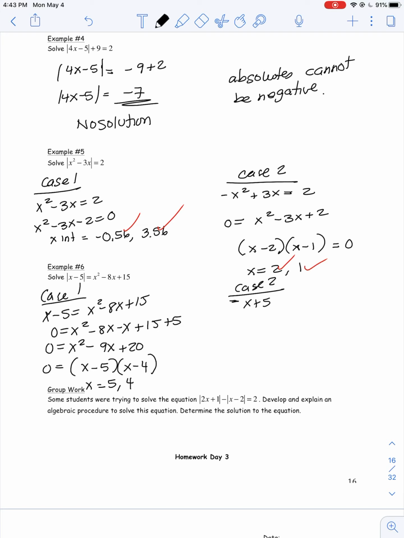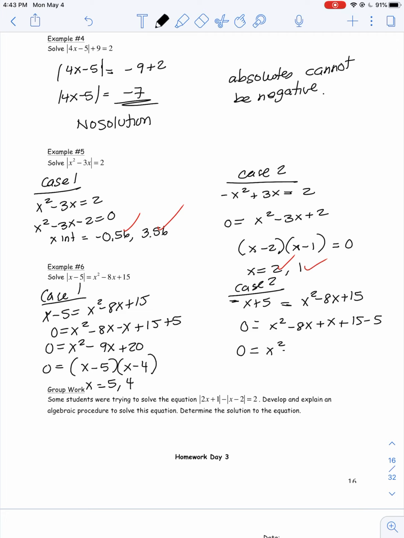Let's do the negative version of it. So that will be case 2. Negative x plus 5, that's the opposite signs of what's in the absolutes, equals the same thing on the right. So we're going to have 0 equals x squared.